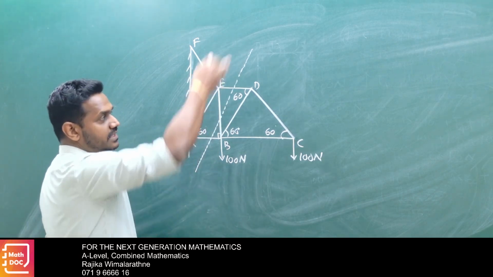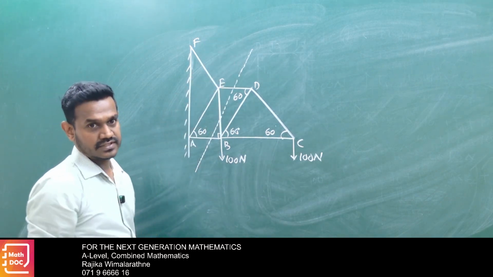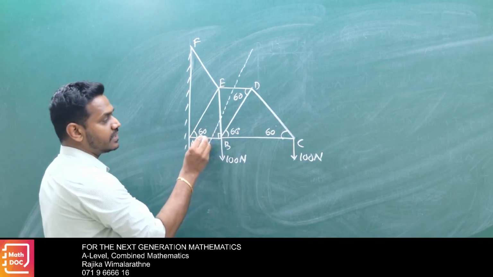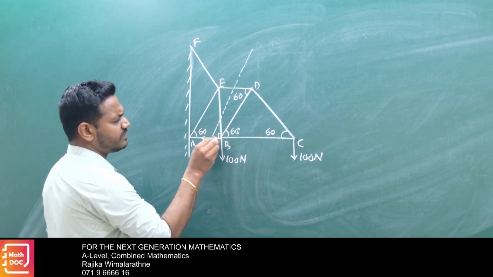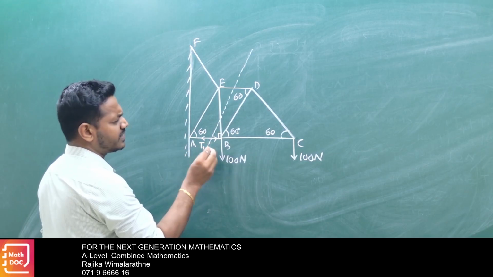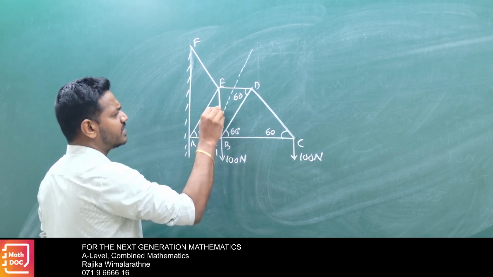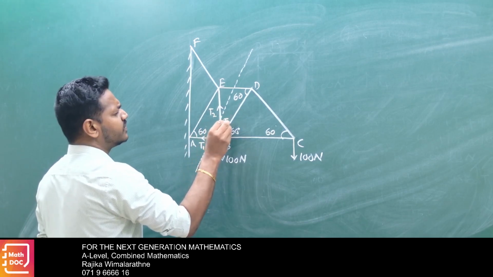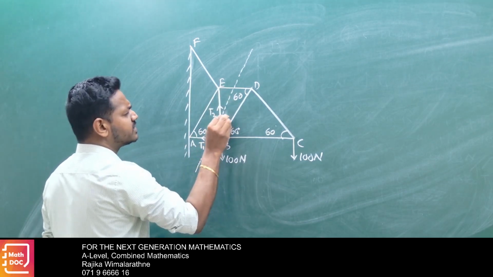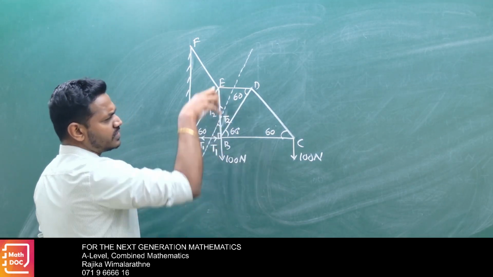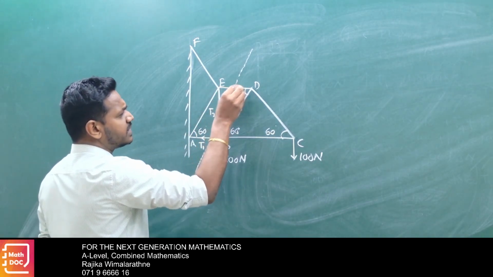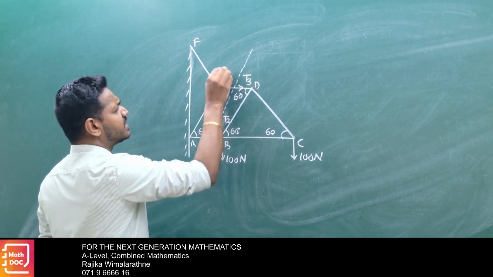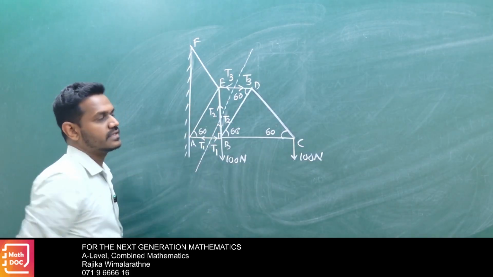Then here you mark T1, T1, here T2, here T2. You mark only stresses for these crossing rods. Here T3, T3.